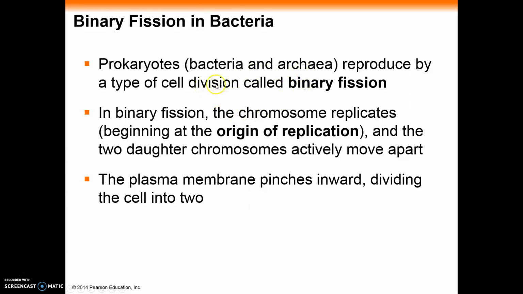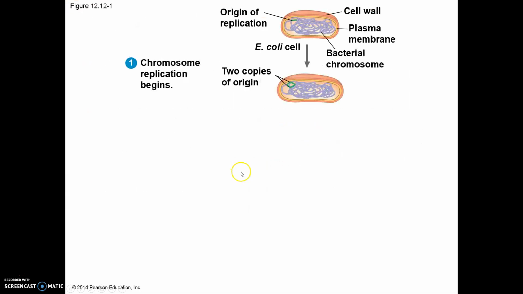So it's a lot simpler process, and we refer to it as binary fission. This all starts with usually a single origin of replication. So there is one spot on the chromosome where you start to see it dividing, and that continues on until we divide it in two.